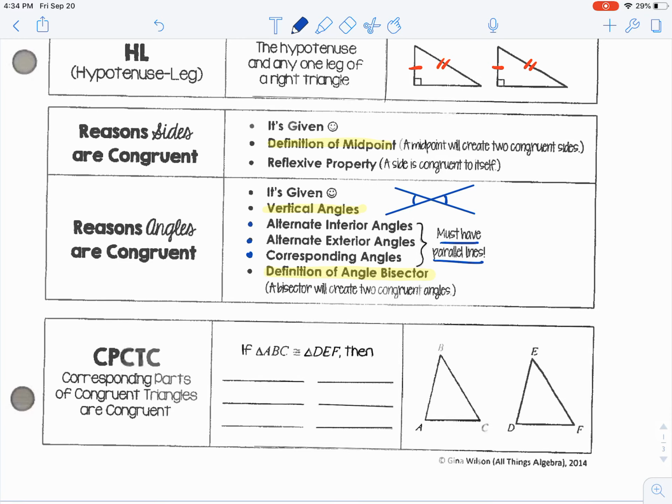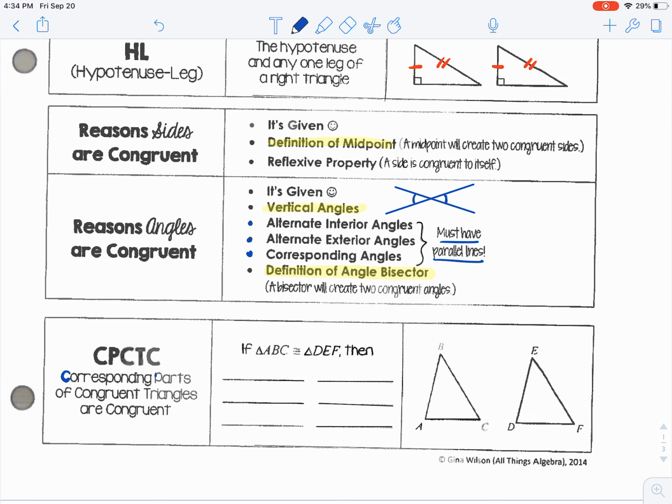CPCTC stands for corresponding parts of congruent triangles are congruent. This we know to be true. Corresponding parts means the corresponding angles and the corresponding sides. If the triangles are congruent, then those corresponding parts are congruent.